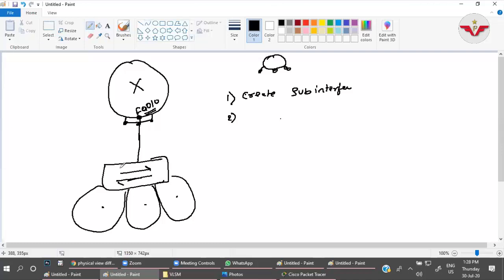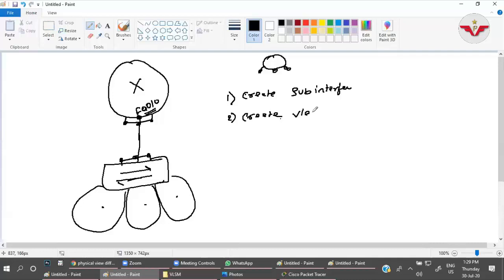Say you have created 3 VLANs here. For 3 interfaces and 3 networks, you have created 3 VLANs.